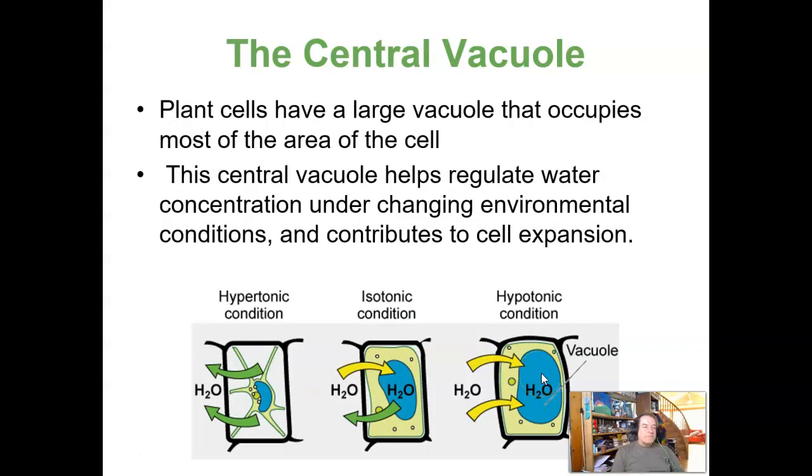All right. Plant cells have this thing called a central vacuole, which aids in applying pressure to the cell wall. And the way it works is, say we put this plant cell in fresh water. The cytoplasm of the cell is hypertonic to the water around it, and it will draw water in.